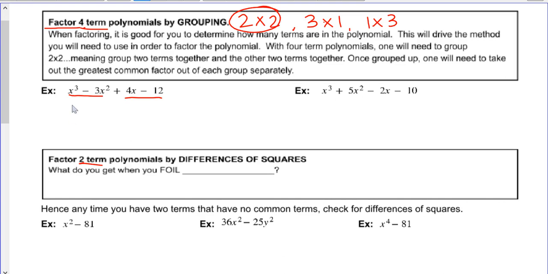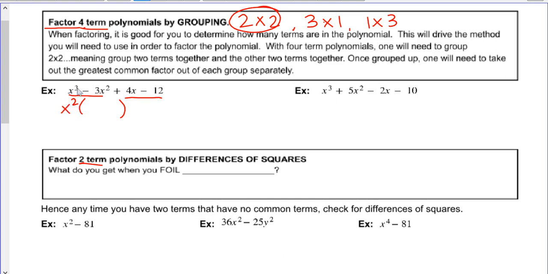So if I just look at these first 2 terms here, notice there's not a number, well, there is an invisible one, but not a number that we could pull out that's common to both except for 1, which isn't going to change anything. But this one has an x squared, this one has x cubed. So I'm hoping that you tell me they each have at least an x squared. That will be the only greatest common factor that I can pull out. Now, what do we have that's left over?